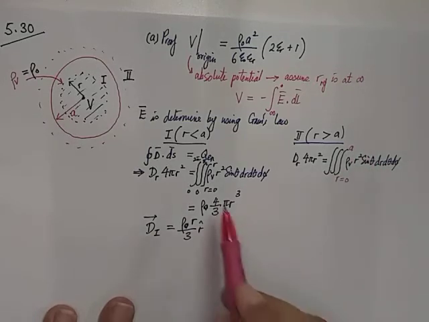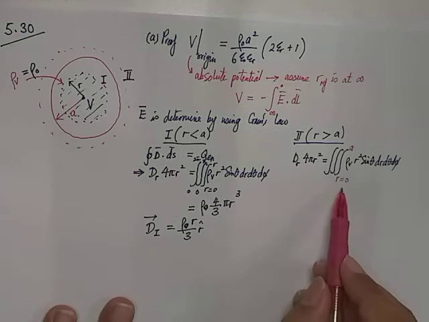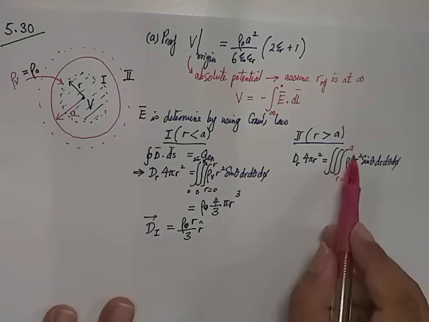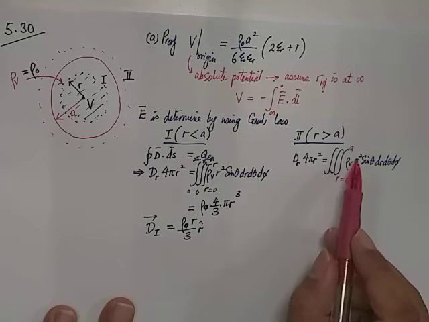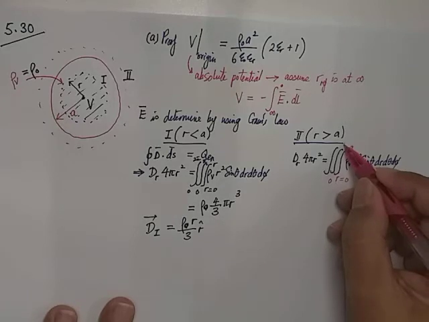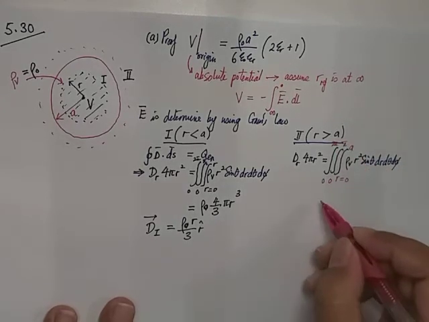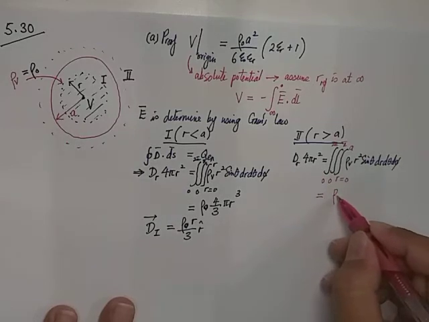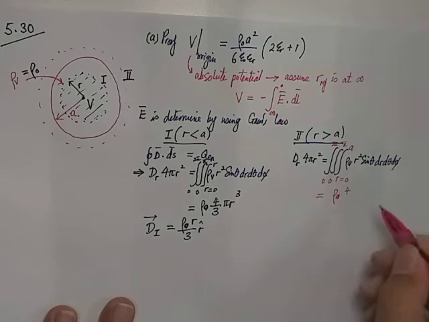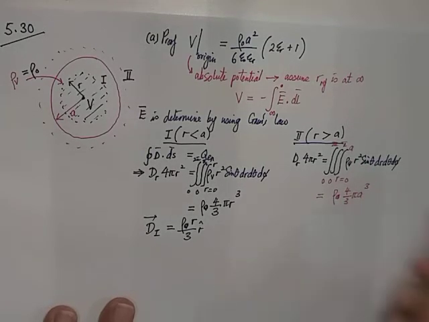Now you can see the difference. Before it was 0 up to r, now you have to change the limit of r from 0 to a to take into account all the charge contained by that particular outside Gaussian. Other than that, it remains the same: 0 to pi for theta, 0 to 2 pi for phi, and the solution here is going to be rho naught, 4 over 3 pi a cubed.